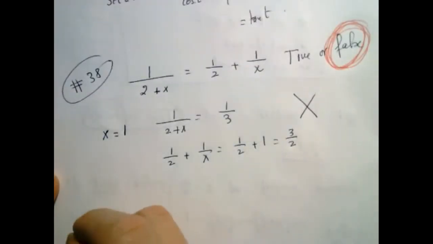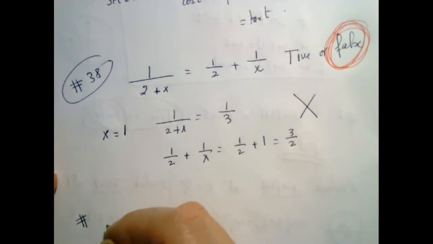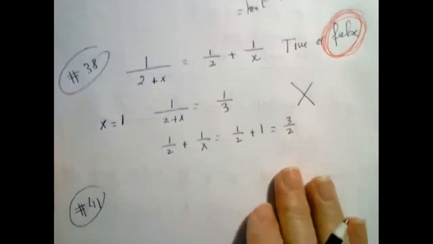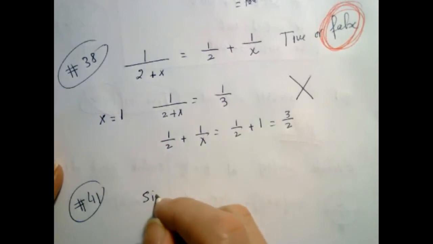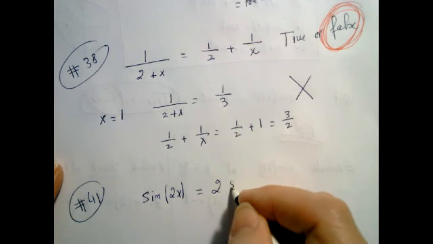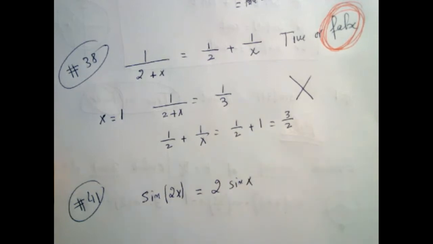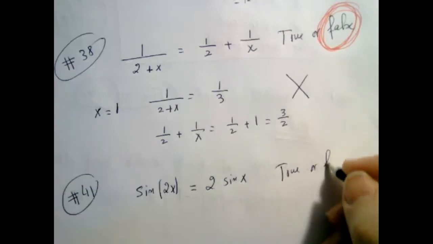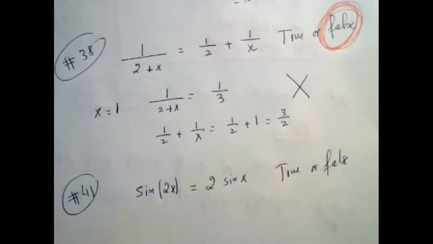Okay, now we're back to sine and cosine, number 41. No, 41, we just did it. But let me make sure if you guys get it. Sine 2x equal to 2 sine x. True or false? Quickly, can I take the 2 out?